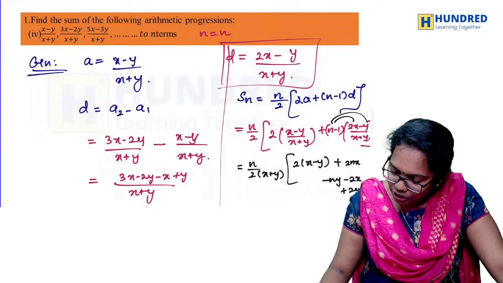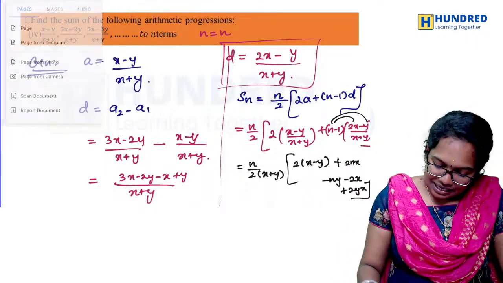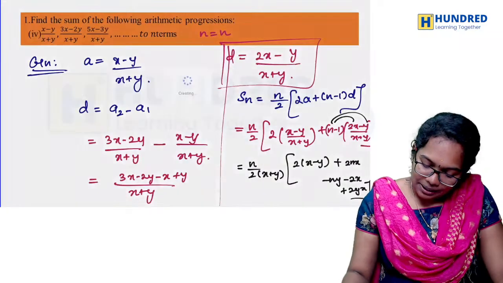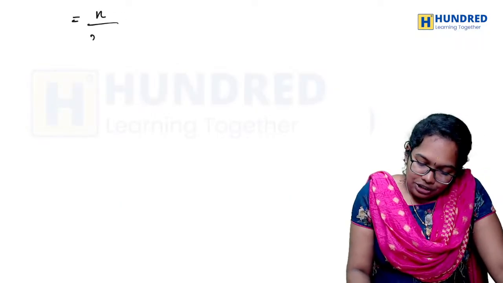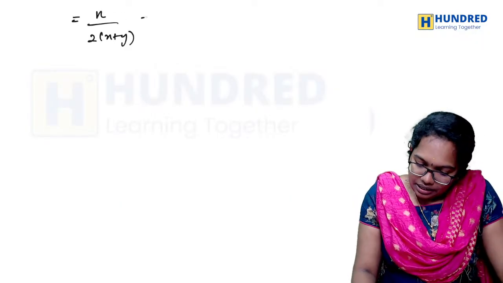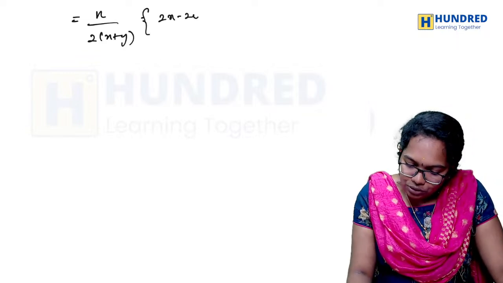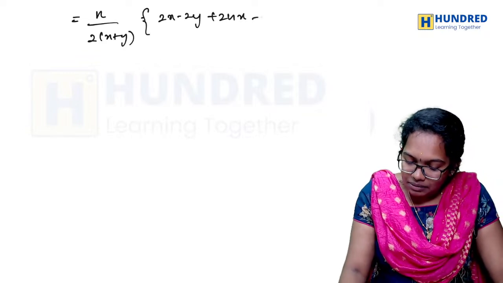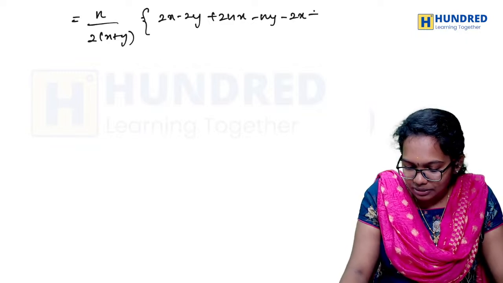When you expand things, you will get n/(2(x + y)) into 2x − 2y + 2nx − ny − 2x + y.